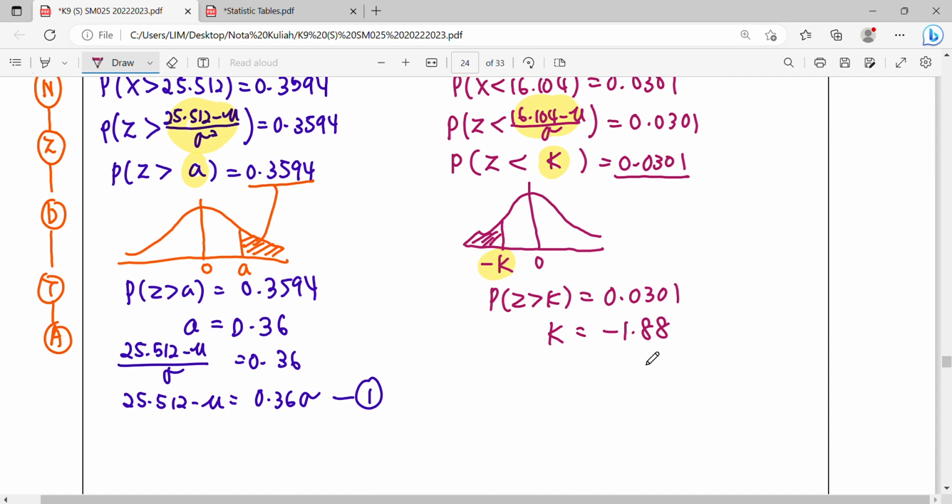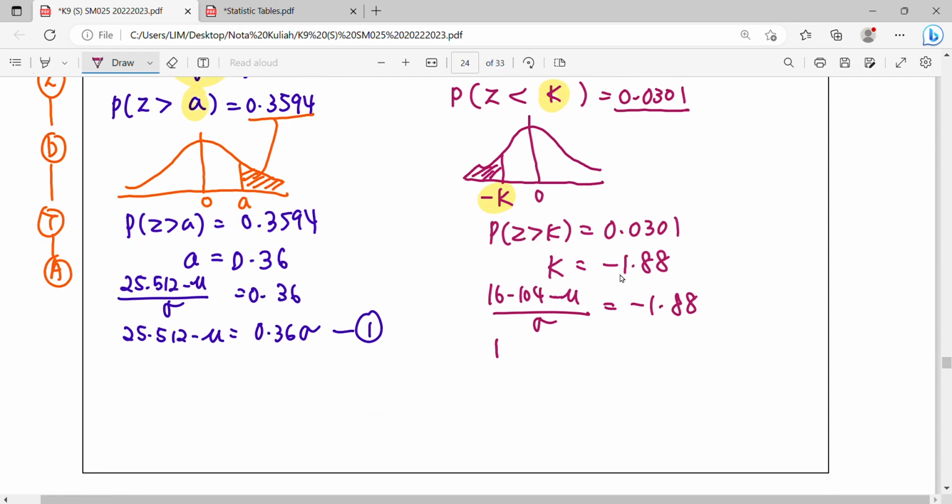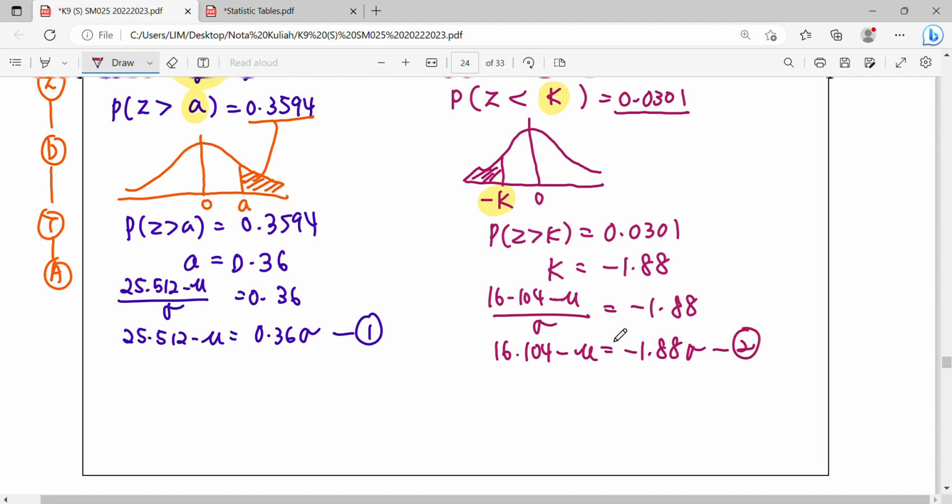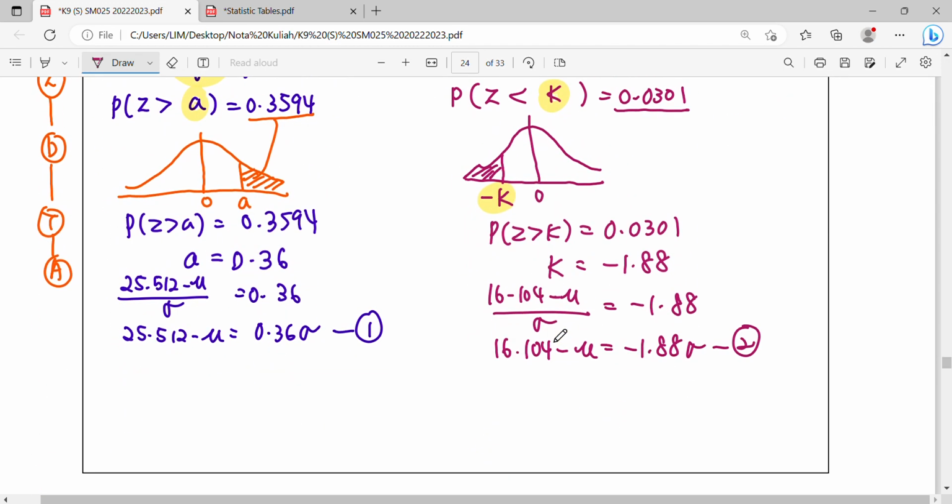So what is represented by this K is 16.104 minus mean over standard deviation. So we will have another simultaneous equation here. Okay, so we're going to solve these simultaneous equations in order to find out the mean and variance. You can see minus mu, they have the same term, so we're using the elimination method.